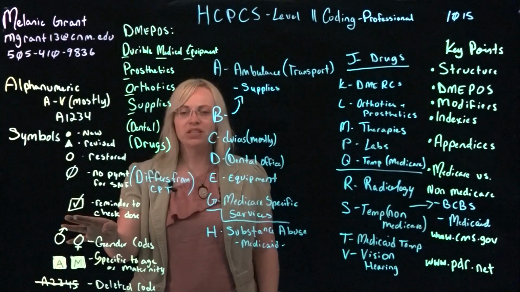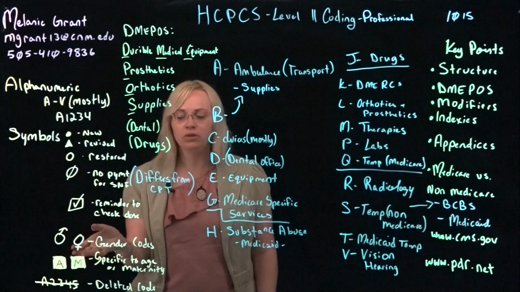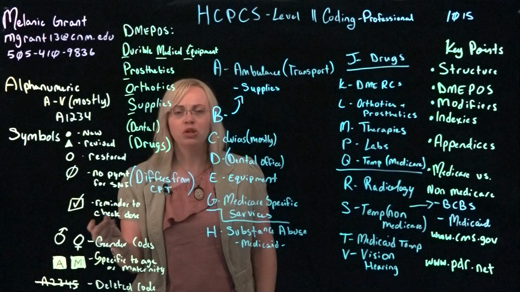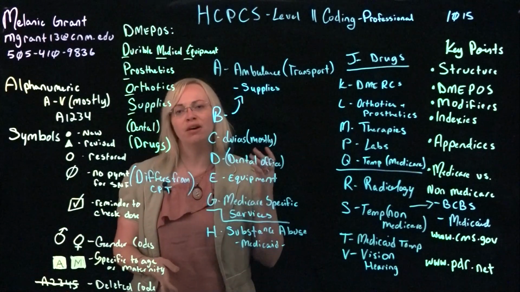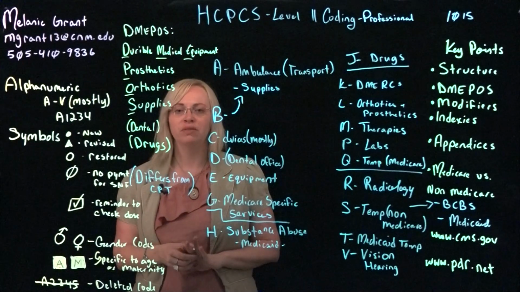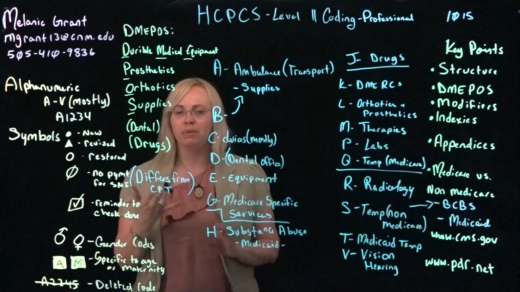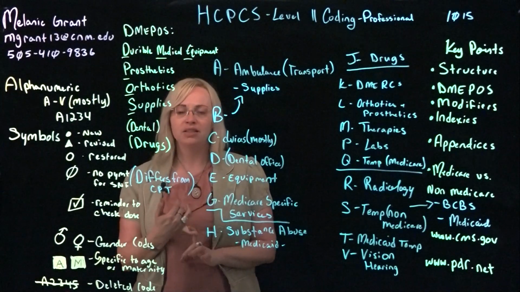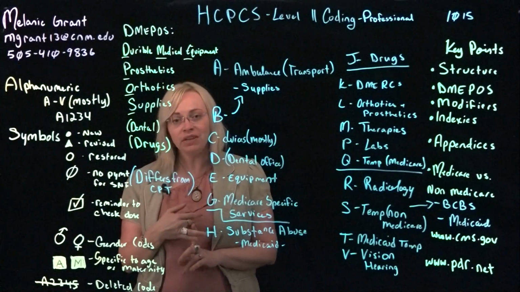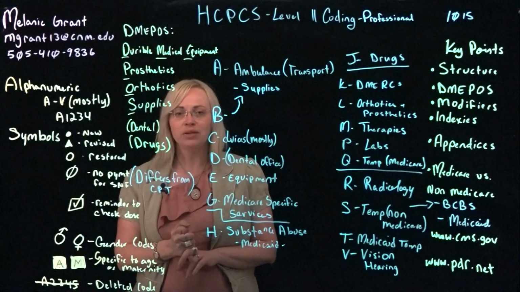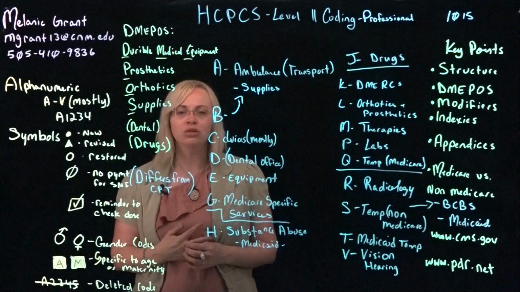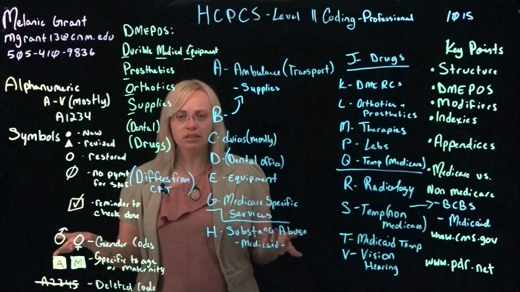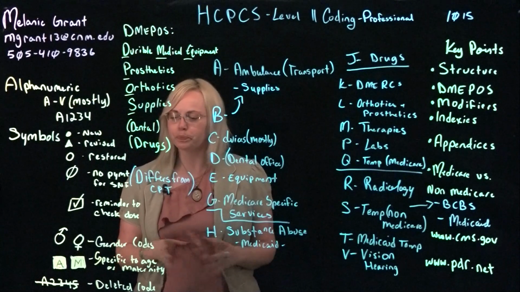A little square with a check is typically used with your drug codes as a reminder to check the dosage, meaning that there may be different codes for that same drug that have different charges based off of the type of dosing. So you need to pay attention to how it is given, such as intramuscular versus IV, as well as how it is measured, such as in liters or milligrams, milliliters, things of that nature.